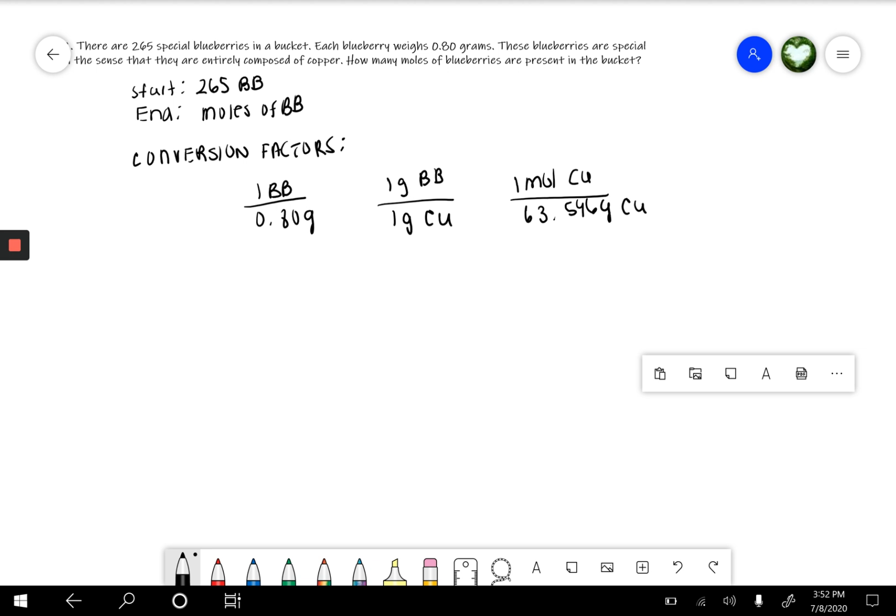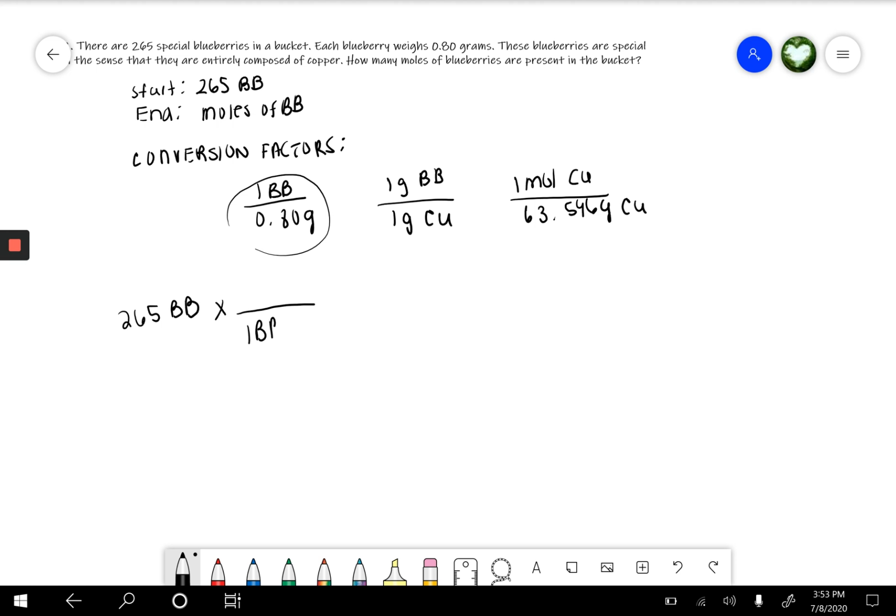We're going to start off with 265 blueberries. We're going to use this conversion factor because it's going to cancel off the blueberries.